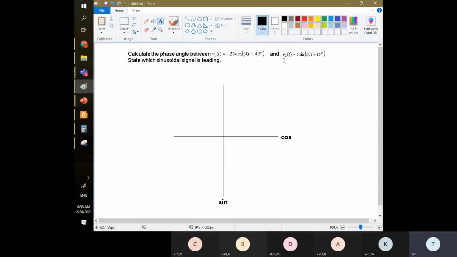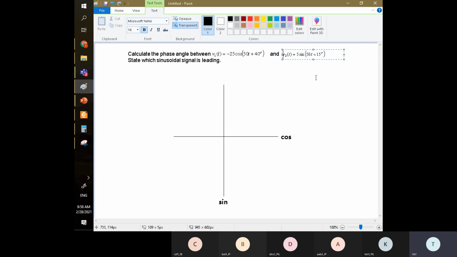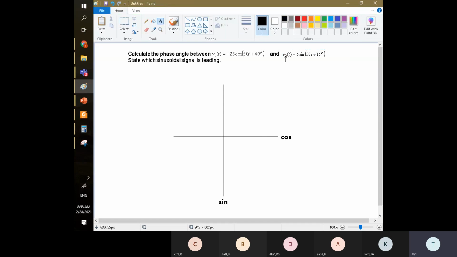Now we do the most simple one, V2: sine minus 15. So this is the 0 point here. From here, the anti-clockwise direction is positive. Positive goes anti-clockwise, counterclockwise. Negative goes clockwise.